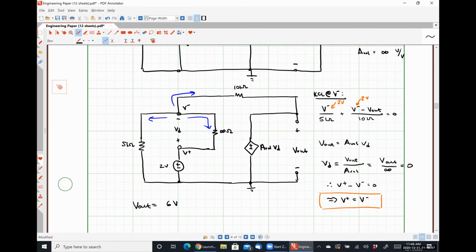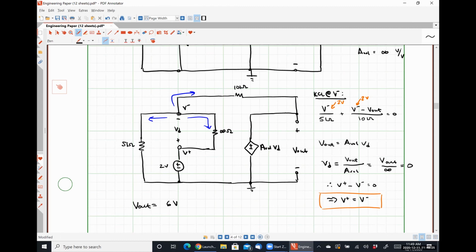So the ideal op-amp model is a very good approximation of the practical op-amp model in any negative feedback circuit, specifically only negative feedback circuits, right? It's because we're bringing the gain down to an acceptable level where we can actually predict what's going on. So it's not just swinging from the output voltage to the input voltage.